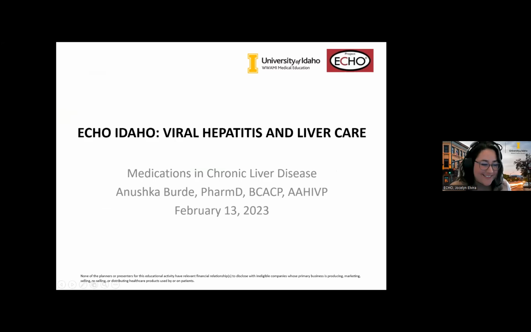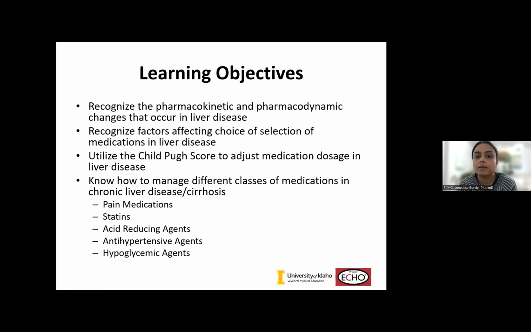Perfect. Well, today's topic is medications in chronic liver disease. So the objectives for today are to be able to recognize the pharmacokinetic and pharmacodynamic changes that occur in the liver in case of advanced fibrosis.